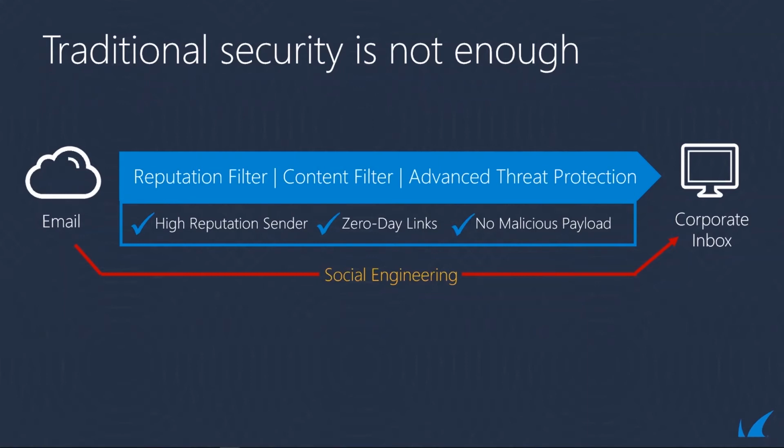These techniques are not effective against social engineering attacks that are designed to bypass gateways. They carry no malicious payload and originate from a high reputation sender, so SPF is in alignment and the like, to trick their victims to get inside that organization with what appears to be a legitimate email.